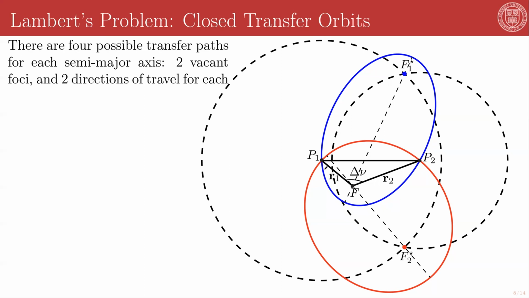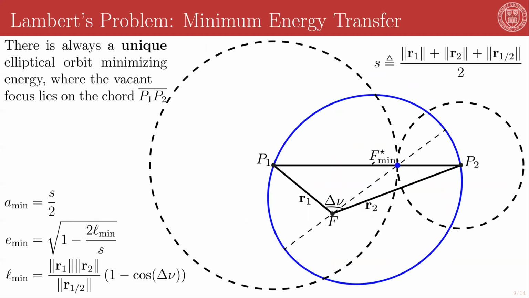We can take the blue ellipse, either the long way round or the short way round, or we can take the red ellipse, either the long way round or the short way around. So for elliptical transfers, for feasible positive semi-major axes of the transfer ellipse, we automatically generate 4 possible solutions. There also will always exist a unique elliptical orbit that minimizes the specific energy of the transfer.